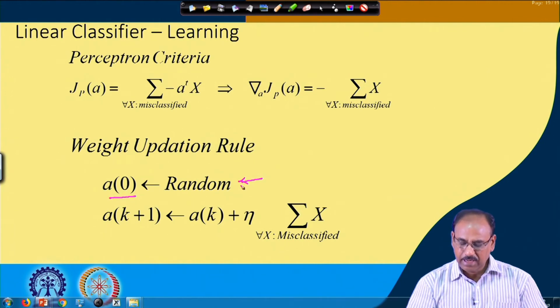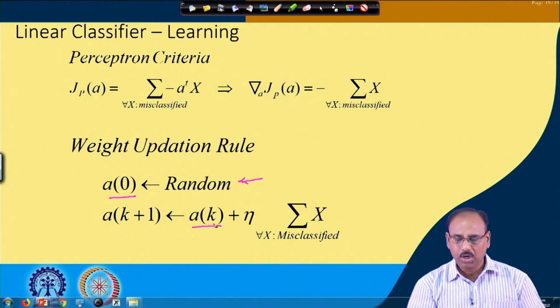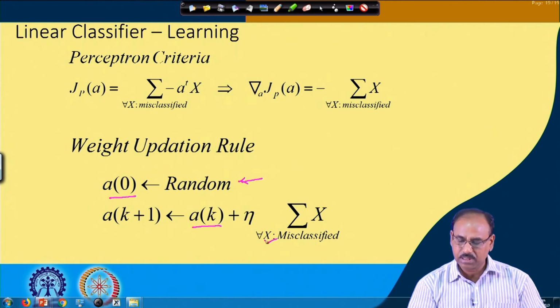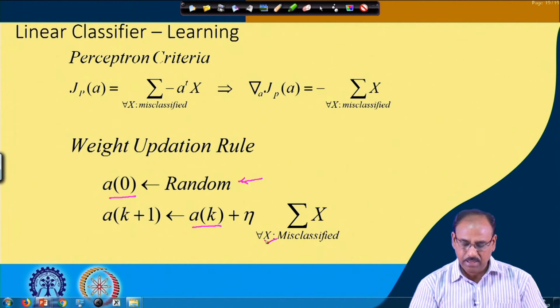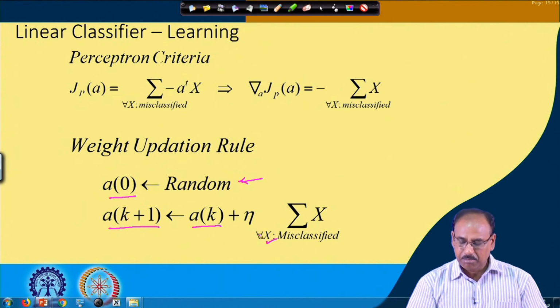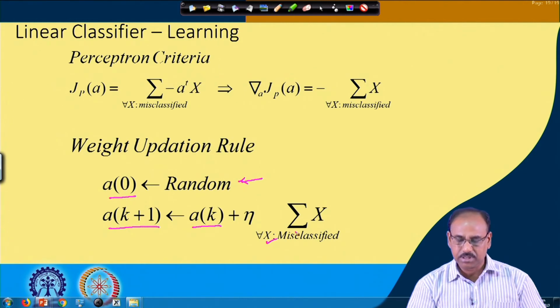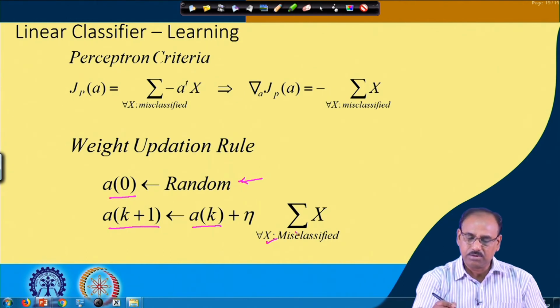In any kth iteration, if A_k is the weight vector, using A_k you identify all the feature vectors x which are misclassified. Then for the next updated weight vector A_{k+1}, I get it from A_k as A_{k+1} gets A_k plus eta times the sum of x for all x which are misclassified. This is my weight updation rule.